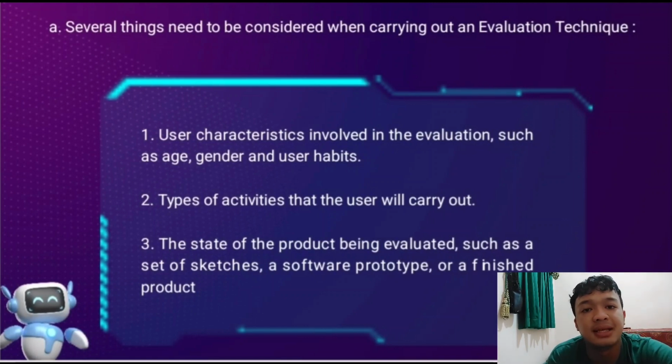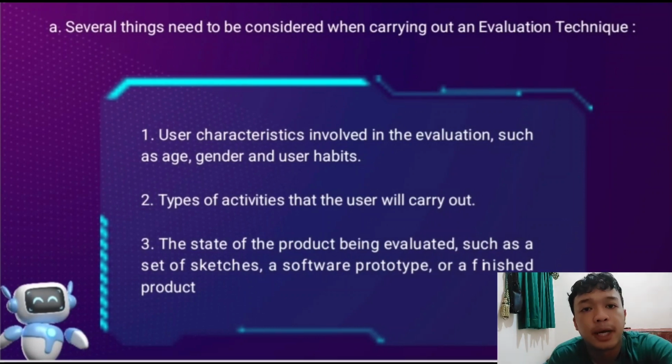Here are some things to consider regarding activity type. First, task complexity. Complex activities may require more guidance, support, and intuitive features. The evaluation should consider whether the user can complete the task easily or has difficulty.